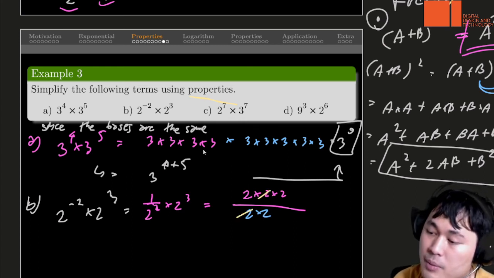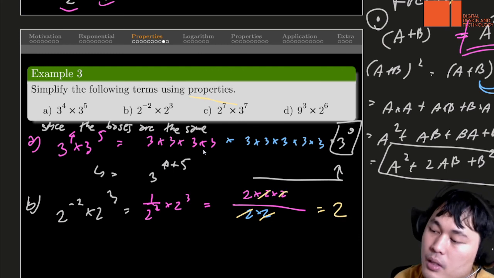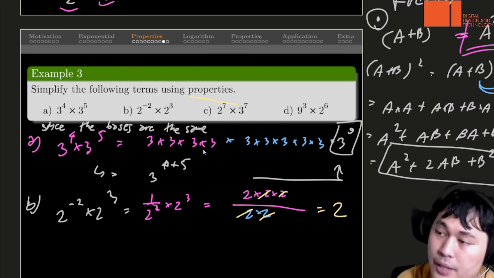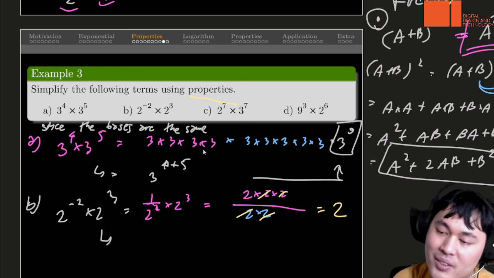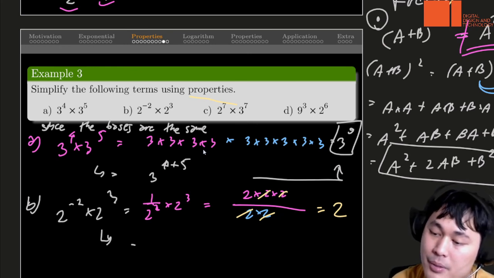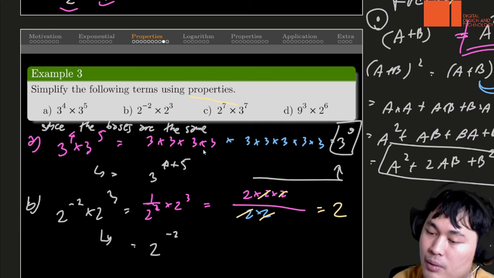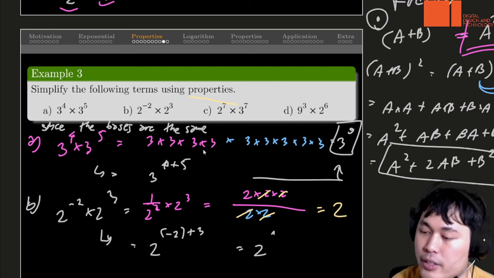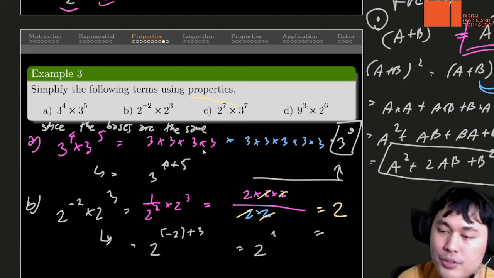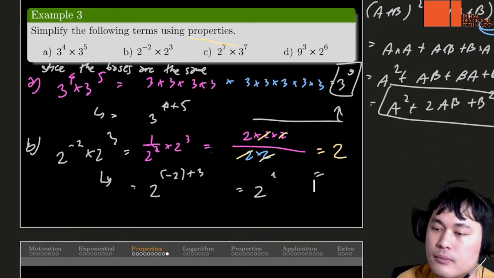And if you use algebra to cancel terms out, the result is 2. So that's the answer. But again, you can use the same property because the bases are the same. So you get 2 to the power of minus 2 plus 3, which is 2 to the 1, which is of course 2. So that's B.